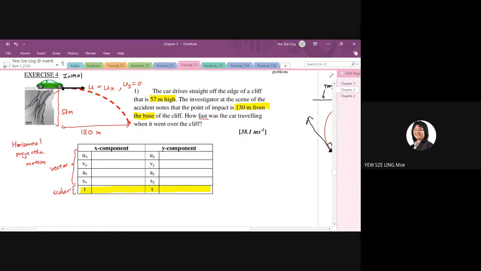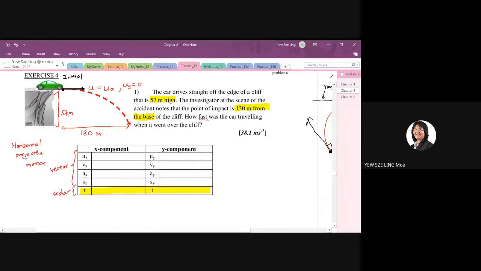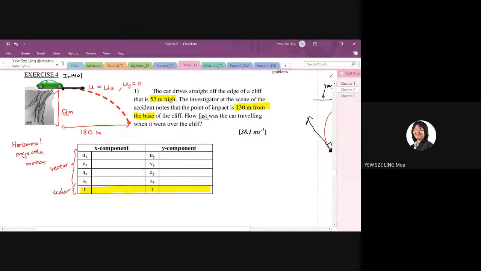So now let us complete this table. If you look at the question again, the car drives straight off the edge of the cliff that is 57 meters high. If you look at the diagram, this 57 meters is located below the object, and it is a vertical displacement. So this is a value for the y component, and it should be a negative value because it is located below the object.